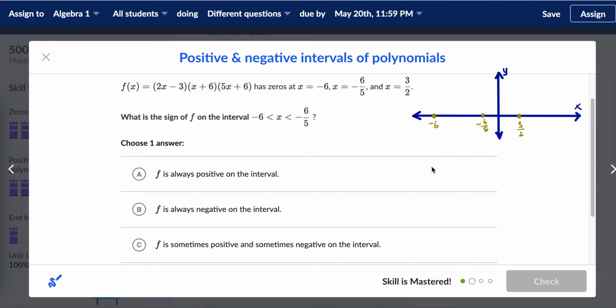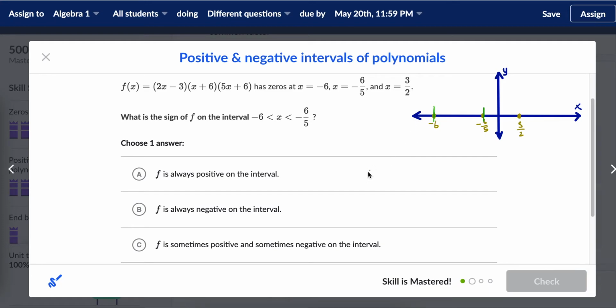Okay, so these are our zeros, and we're being asked what is the sign of the polynomial function on the interval between negative 6 and negative 6 over 5. So essentially we're being asked, what is the sign between here and here, right? This is what we're dealing with here.